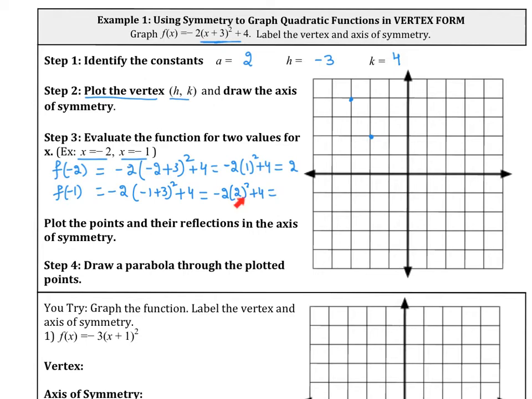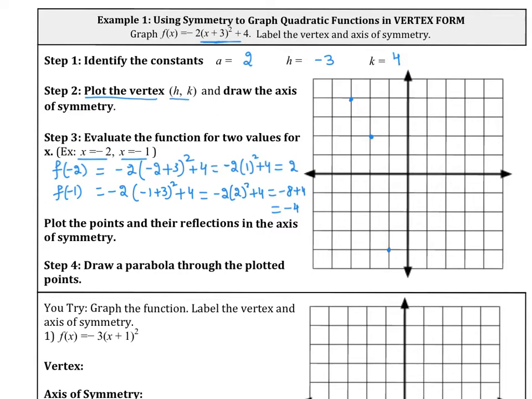So remember that 2 squared is 4, and 4 times negative 2 is negative 8, and negative 8 plus 4 is negative 4. So our point is going to be (negative 1, negative 4), which is 1, 2, 3, 4, this point right here. So I'm going to plot (negative 1, negative 4) here.